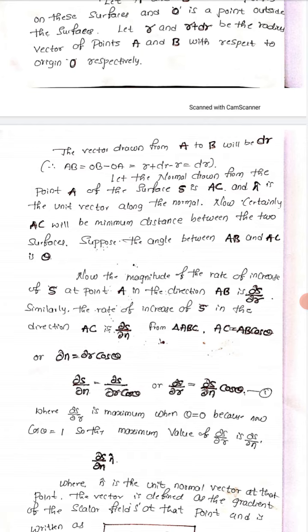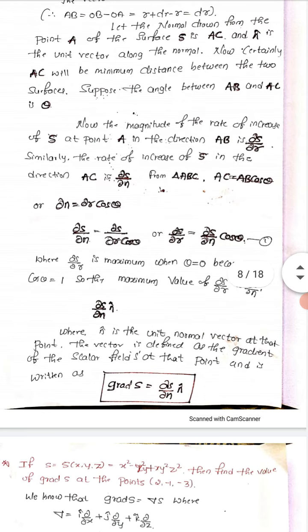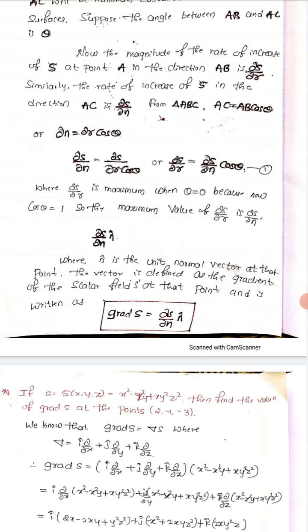This is equation number 1, where dS by dr is maximum when theta equal to 0, because then cos theta equal to 1. So the maximum value of dou S divided by dou r is dou S divided by dou n, that is dou S divided by dou n into n cap, where n cap is the unit normal vector at the point.